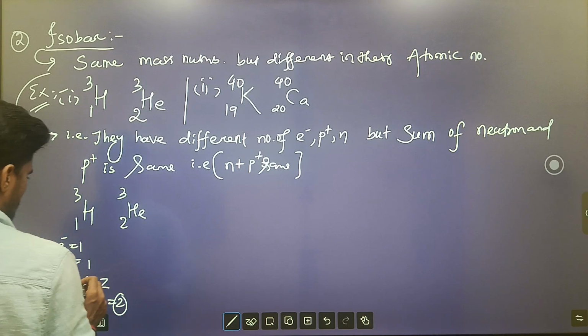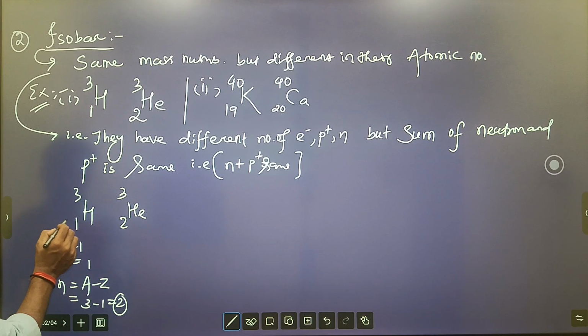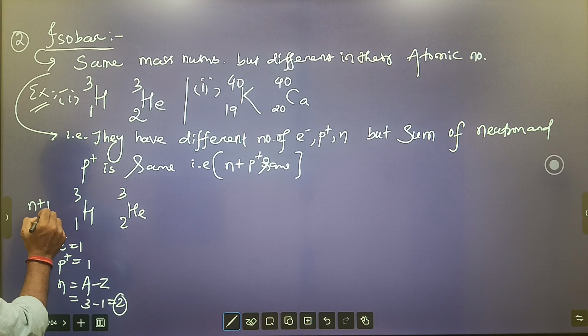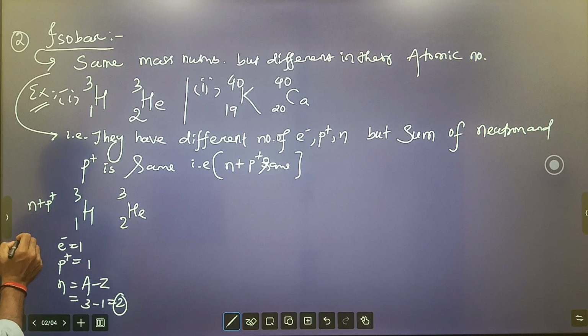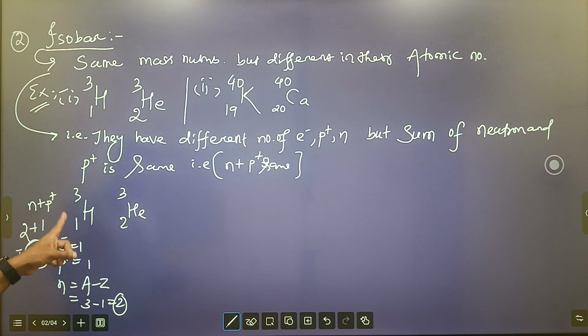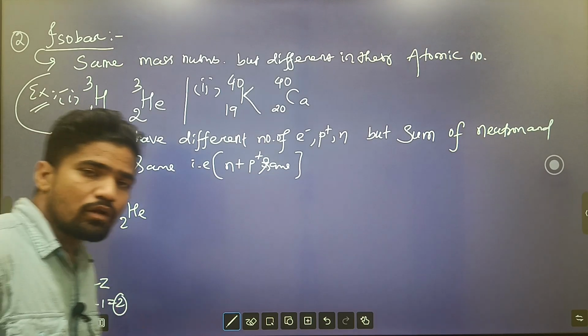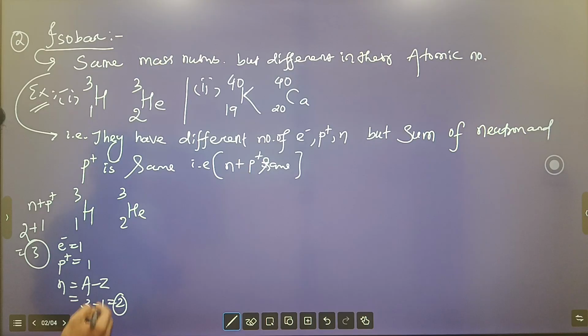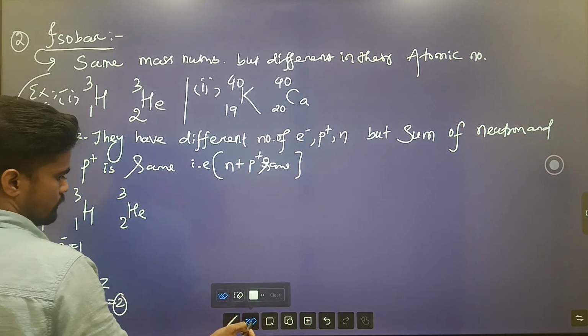Now we have to add: the number of neutrons plus protons. Neutrons are 2 and protons are 1, so the sum equals 3. So for H 1 3, the number of neutrons plus the number of protons comes out to 3. Let's check in this case.